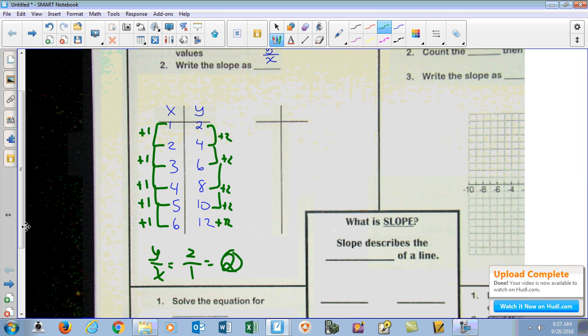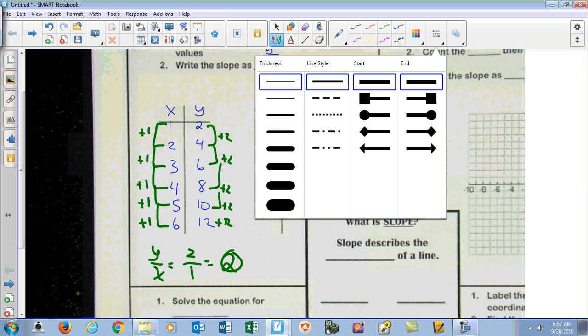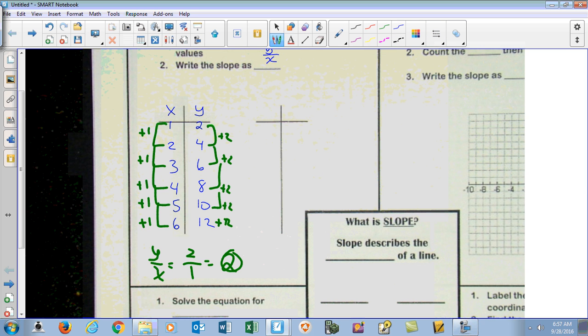All right. So let me give you one that's a little trickier, what happens when x doesn't go by 1's. Here's my x and here's my y, and let's say you get this, and your y does this.